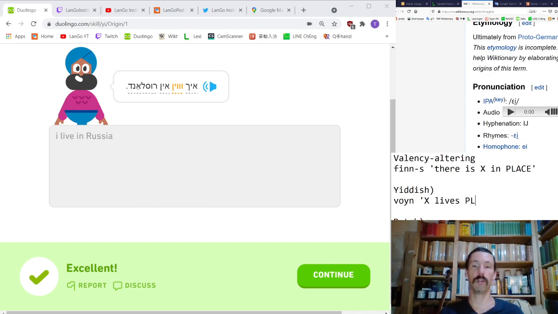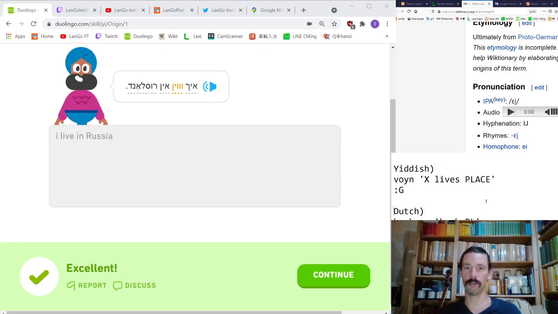X lives in place. German has, what's that, Levi? Oh yeah, nice dotted E. It's the German cognate of wollen, this verb. And then what are English cognates of that one? I want to know next.